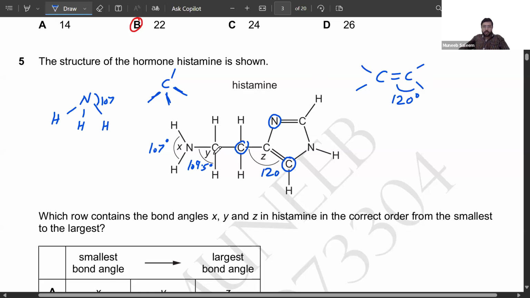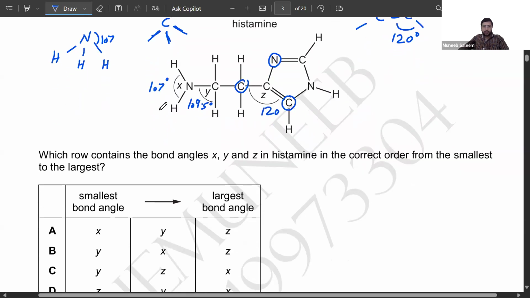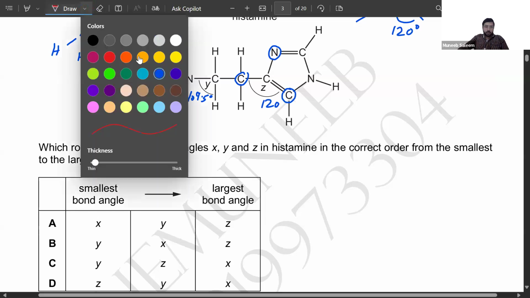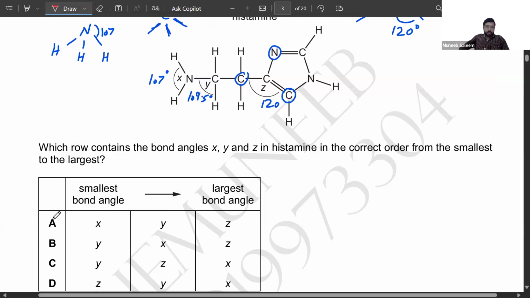Now I have all the three angles shown here. You can see that X is the lowest, Y is higher than X, and Z is the highest one, which means X is smaller than Y is smaller than Z. So the only correct option in this question is option A.